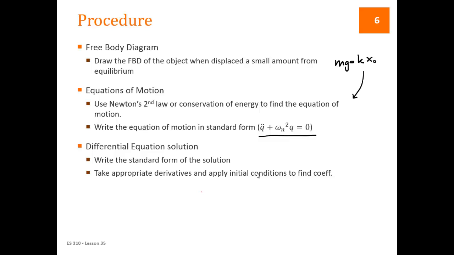We write it in standard form. And that standard form is a sine omega n t, where omega n we found from up here, plus b cosine omega n t. And we find a and b based on our initial conditions, which means we may have to find the derivative of this expression if we were given information about the initial velocity.